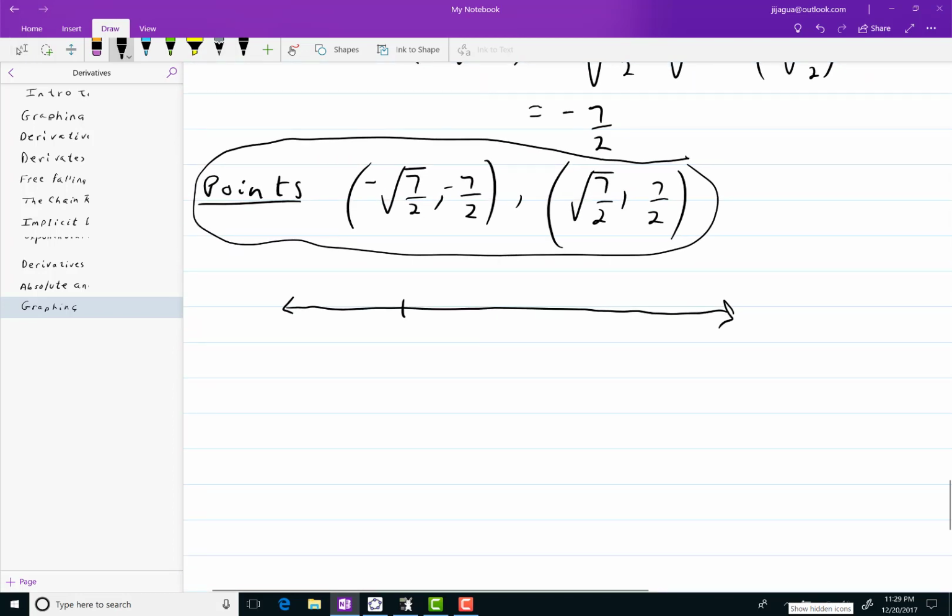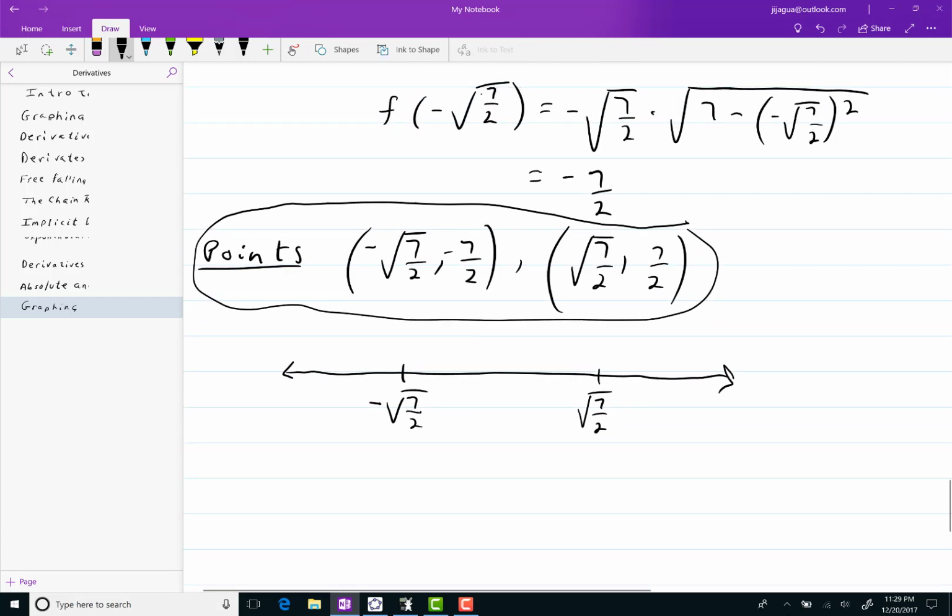And we want to do just like we did before, try test values in between and outside of these numbers to determine where the derivative is positive or negative. So I'll pick a number to the left of negative radical 7 halves. I'll pick negative 5.